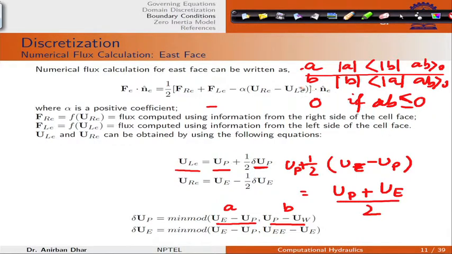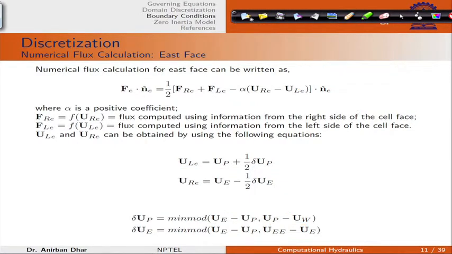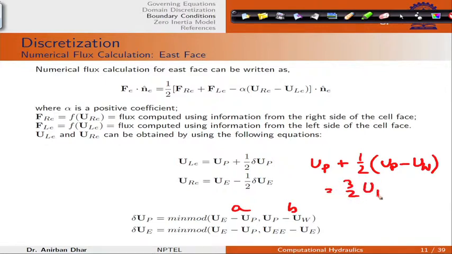Now, if I have the second condition, that means if I have b there, then what will be the situation? If I have b there, then this is u_P plus half of u_P minus u_W. So, that means this is 3 by 2 u_P minus half u_W.